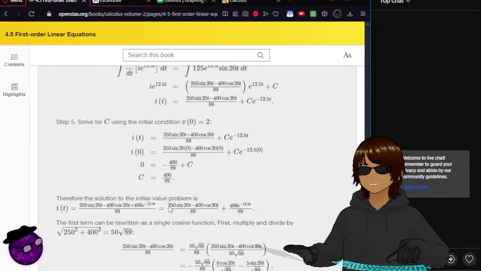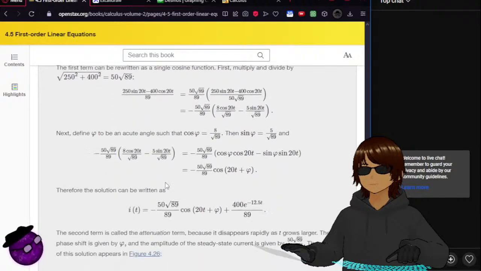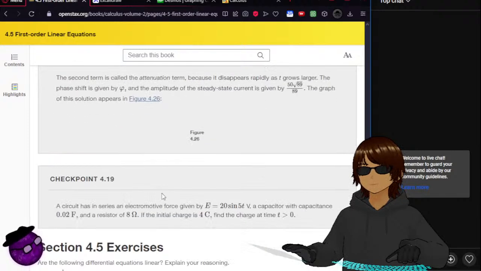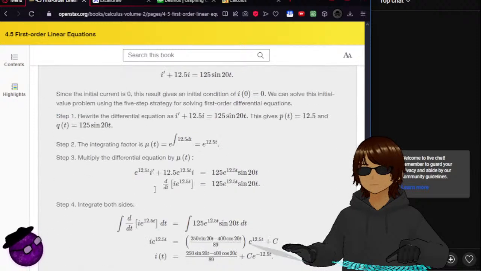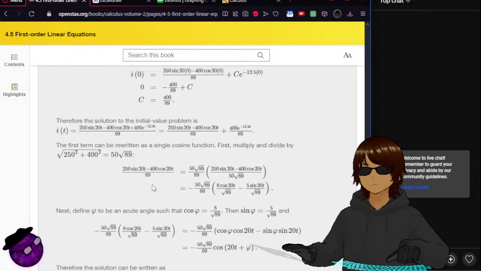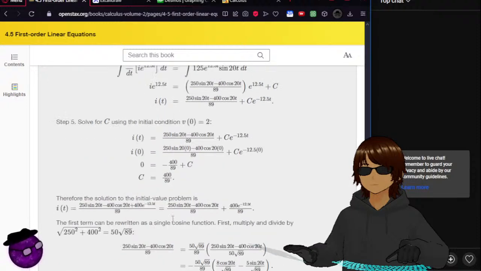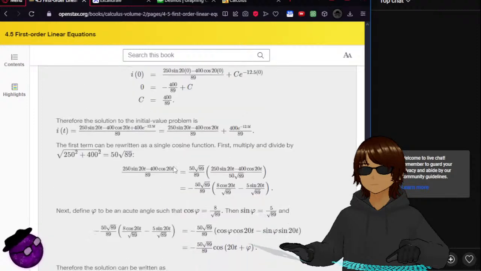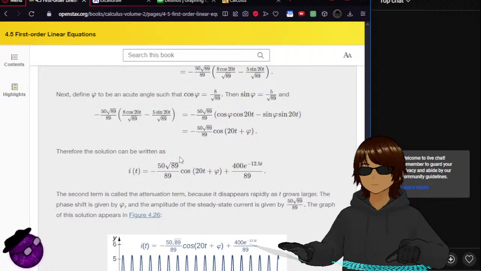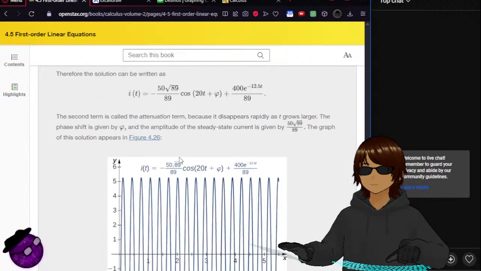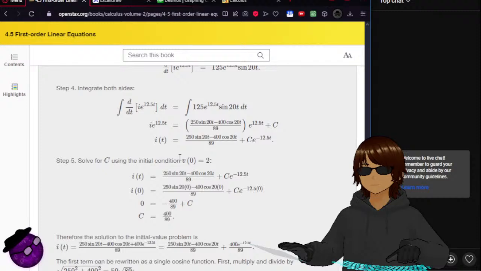Then set I to 0 and we get the C. But I don't understand.